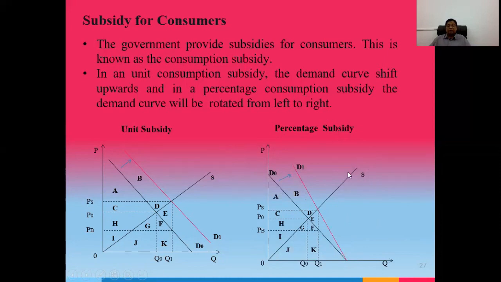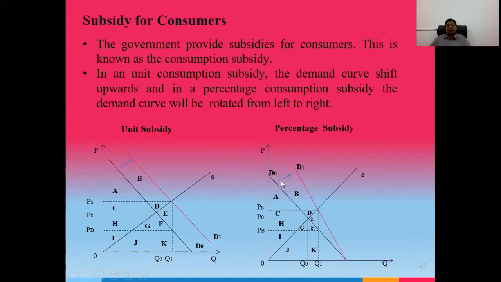Initial supply curve is S. Initial demand curve is D0. Initial equilibrium price is P0, quantity is Q0. Then initial consumer surplus AC, producer surplus HI.